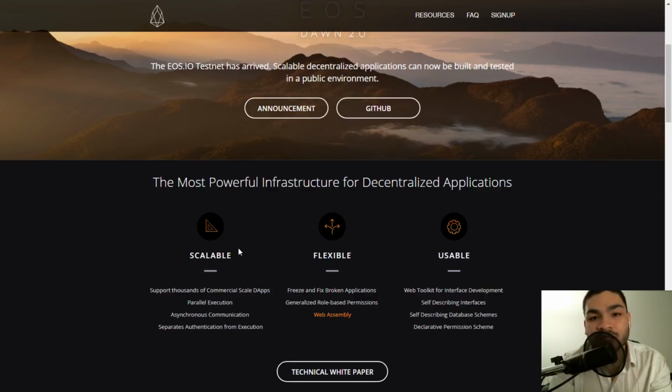So it's unlimited software freedom, it's unlimited expression, and now with EOS, there's actually a monetary incentive, and there's a monetary system on top of it as well. So now you have a free software that you can do whatever you want with, and there's also money involved now.